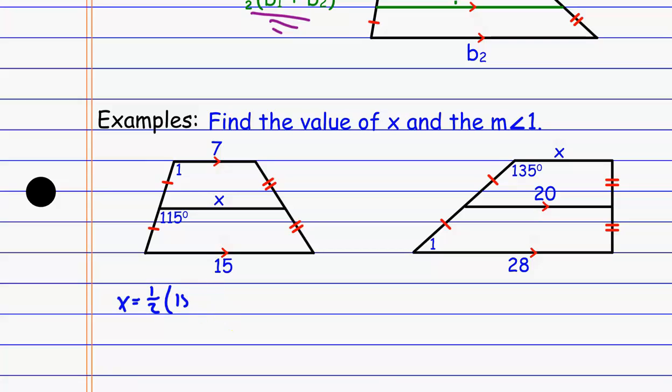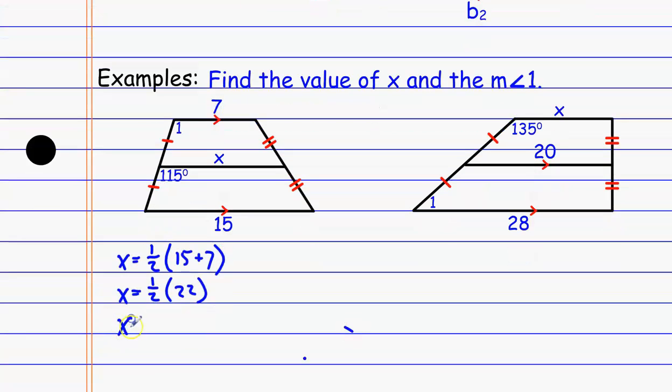My marker's changing color mid-sentence. So I just add those together. I'm adding together and dividing by 2. It's the average of these things. Now I just have to simplify this a little bit. That gives me a 22. 22 times 1/2 is an 11. And that's it. That's the value of x.